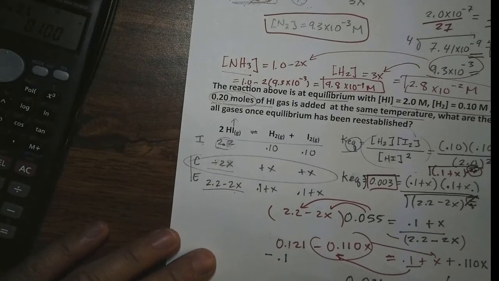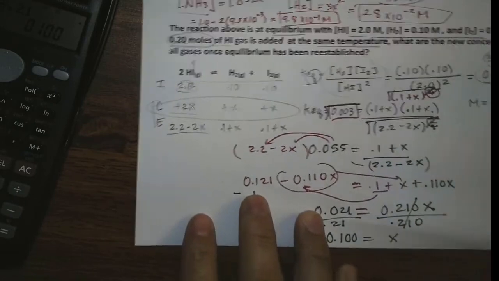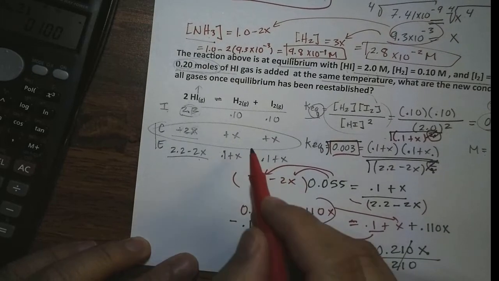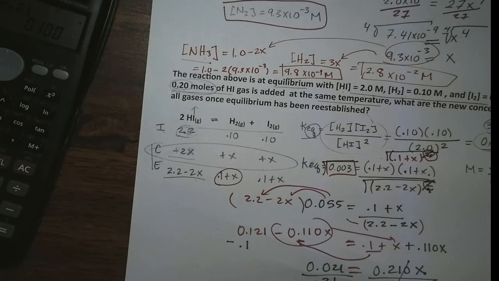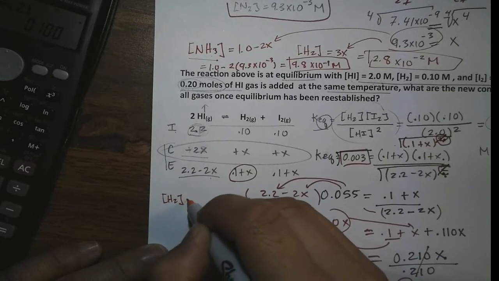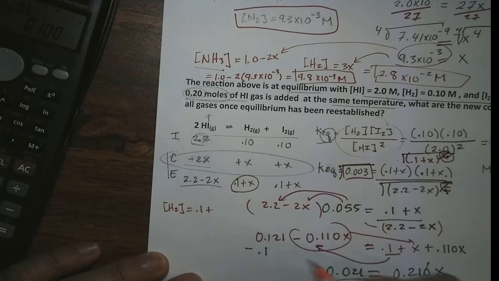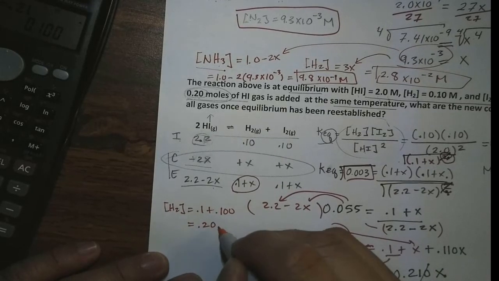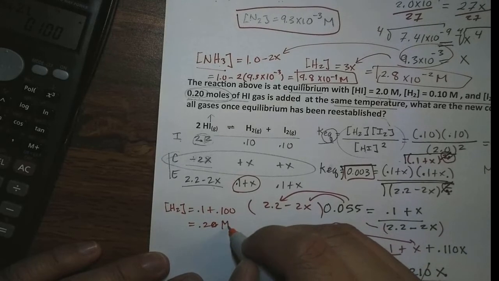So what is the concentration at equilibrium going to be? Of course, all we have to do is plug the value of x back into our problem. Let's focus on the hydrogen itself. For hydrogen, which is H2, we just have 0.1 plus x, which is 0.100. That gives us 0.2, which is the molarity.